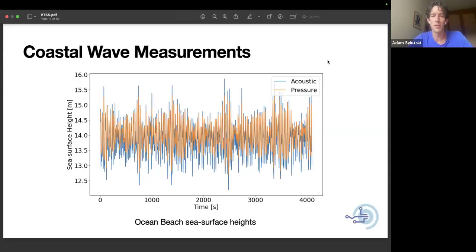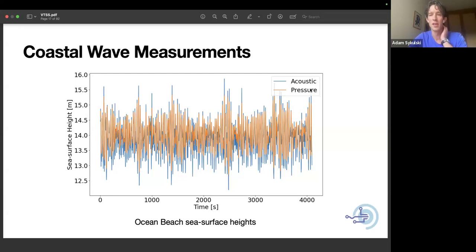So just to give some motivating application that I'll come back to later in the slides, I just wanted to show you some plots now to get us thinking. These are time series of ocean beach sea surface heights. This is over a period of 4,000 seconds, so just over an hour, and it's measuring sea surface height using 2 different types of instruments, an acoustic sensor and a pressure sensor.